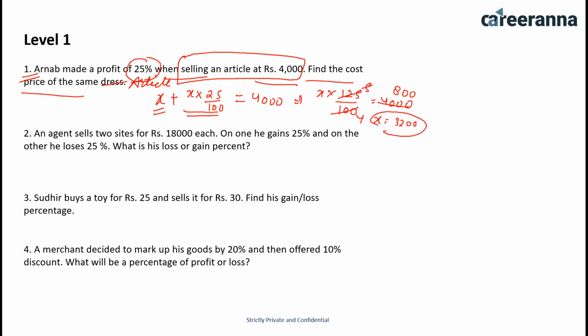Very good. So guys, I don't understand why did you calculate 25% of this number and subtract it from this? Because I told you in the previous slide, always calculate profit percentage on cost price, not on selling price.